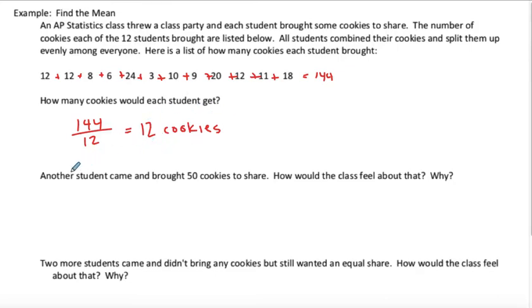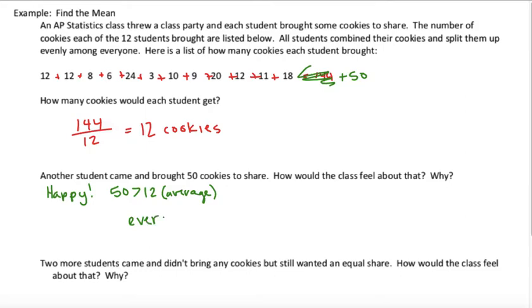And then it follows up and says another student came and brought 50 cookies to share. Okay, so now we would go back and say, this total has changed because now we're going to add 50. How would the class feel about that? Well, if I'm in that class, I feel like this would be like, all right, bring it on. 50 obviously is bigger than the 12, which is our average, so this is going to bring the average up.